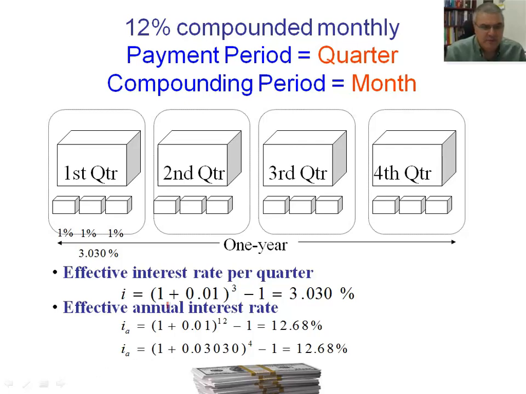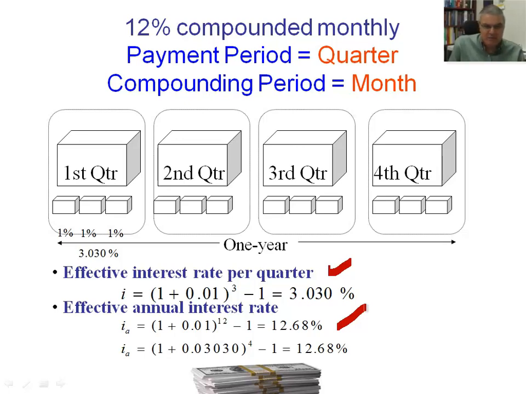In that case, first we need to calculate the effective interest rate per quarter. That is the way it's shown down here. This is how we make the calculation. So far it's pretty straightforward. And then the effective annual interest rate. In this case, again, we use the formula that was just introduced to you. If you want to calculate I sub A, in this case it's going to turn out to be 12.68%.